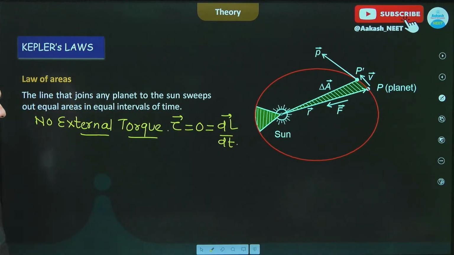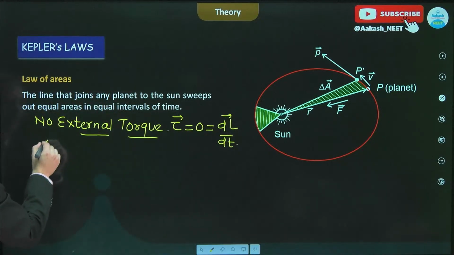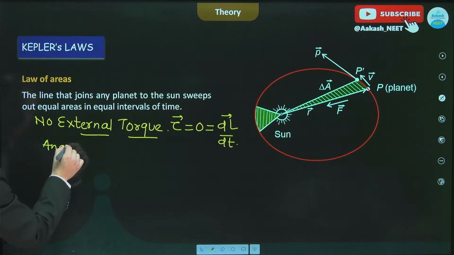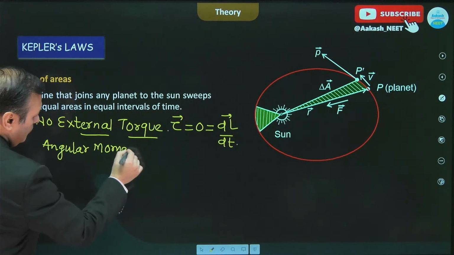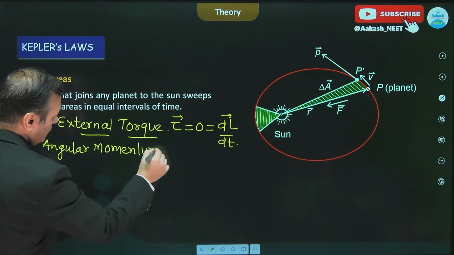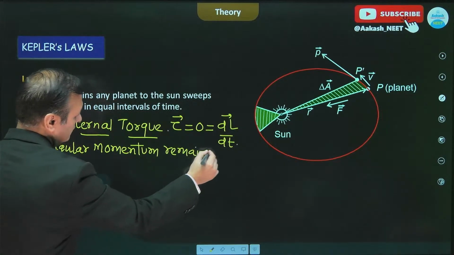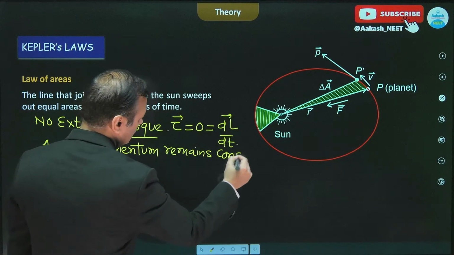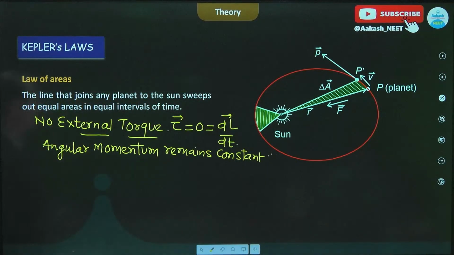So if external torque is 0, what does it mean? Angular momentum remains constant. This is the underlying principle to understand this concept.